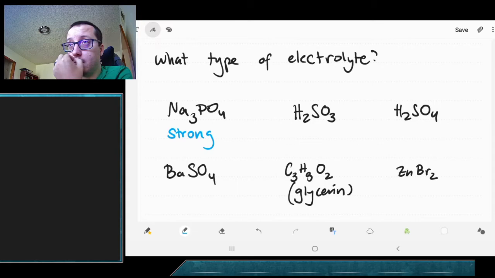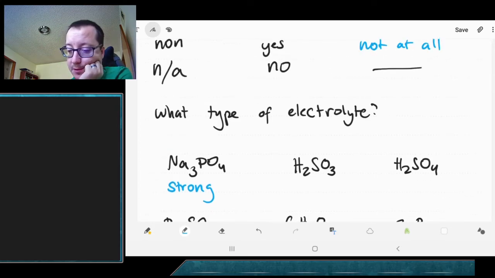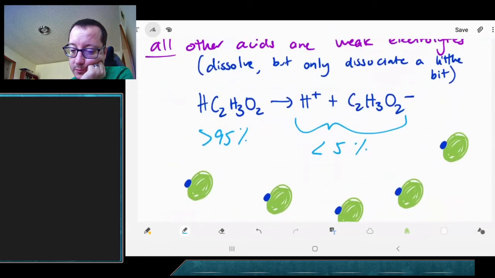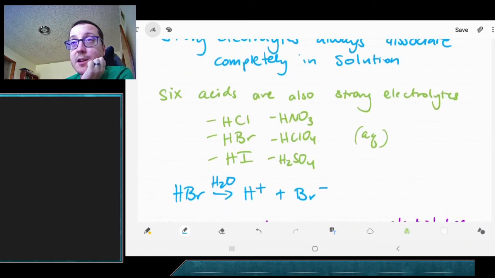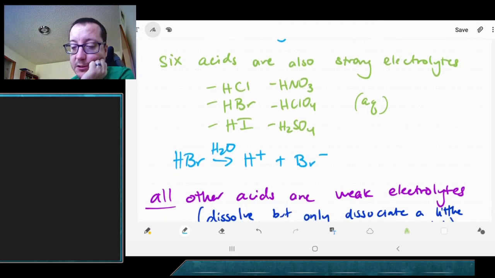Sulfurous acid, we'll say, is the next one. If we want to think about sulfurous acid, we have to consider if that's one of our 6 acids. If we scroll back up, we have 6 acids that are strong electrolytes, and all other acids are weak electrolytes. Actually, we have that written here.